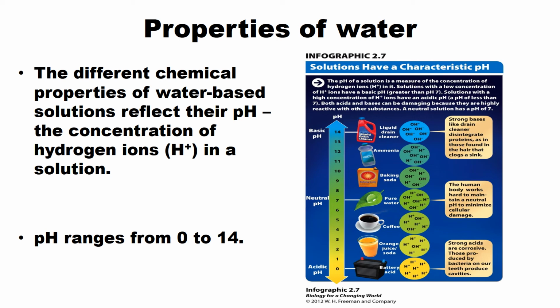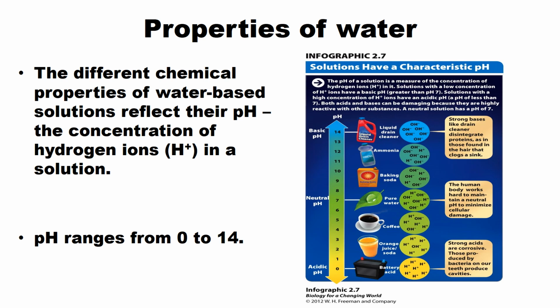The pH scale measures how acidic or how basic a substance is, and it ranges from 0 to 14. The closer to 0 you are, the more acidic you are, and the closer to 14, the more basic you are. If you are around 7, then you are neutral. You're not acidic and you're not basic.